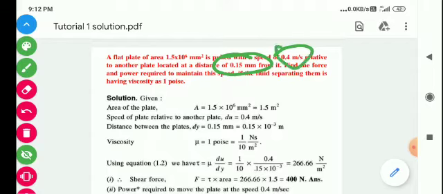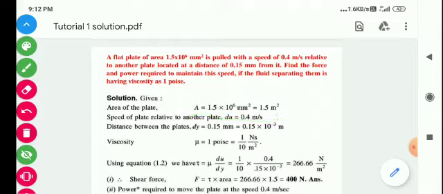So to solve this problem, again we will use this formula. So let's first convert all the units into SI unit. The area is equal to 1.5 into 10 to the power 6 mm square. So convert it into meter square, then it will be equal to 1.5 meter square.